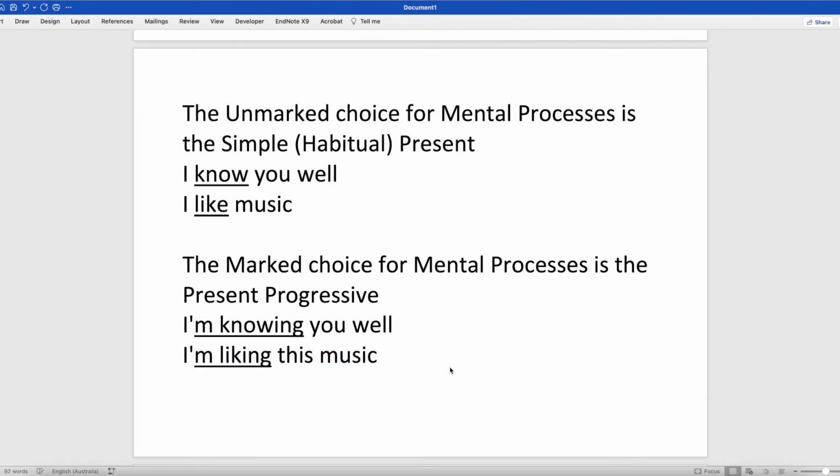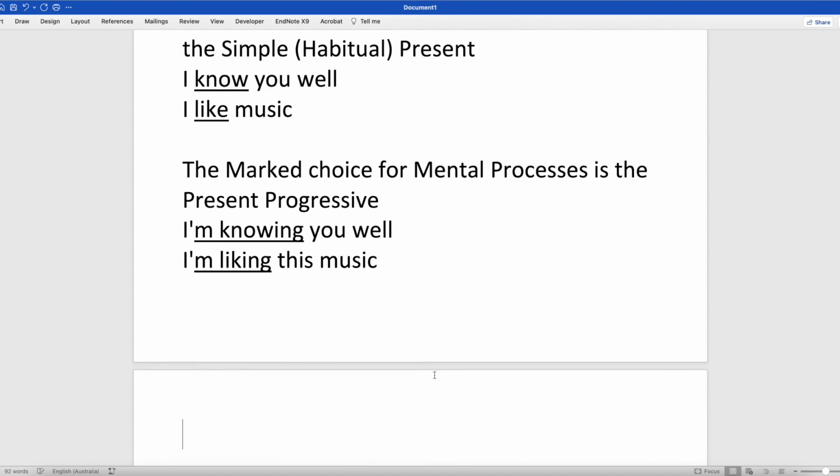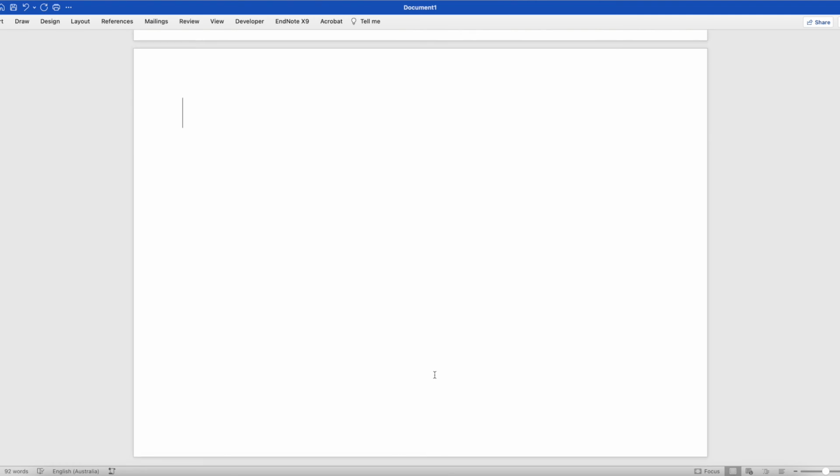Okay, so just to finish all that off, I wanted to make a connection between what I've talked about today and what the English course books typically or traditionally refer to as action and state verbs. It's a really important distinction.